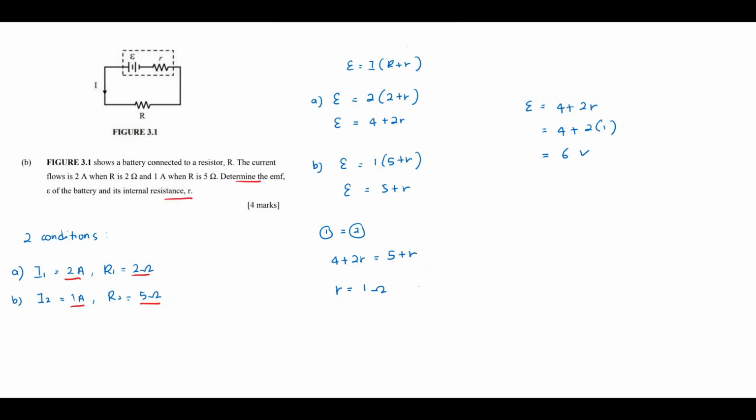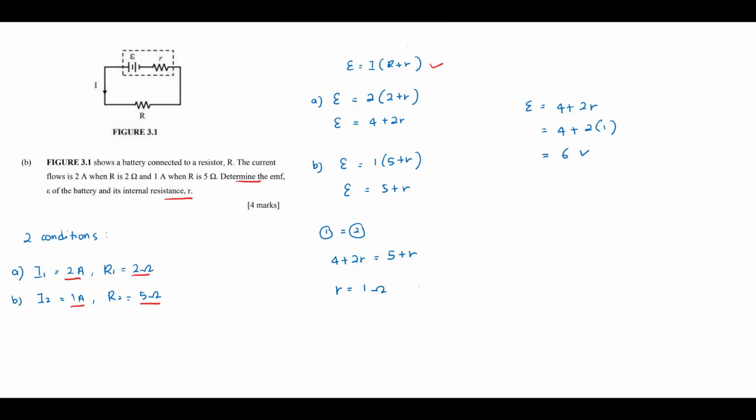To solve this problem, we use equation EMF equal to I times R plus internal resistance. Substitute all the information given for both conditions. So for the first condition, EMF equal to 2 times 2 plus r.